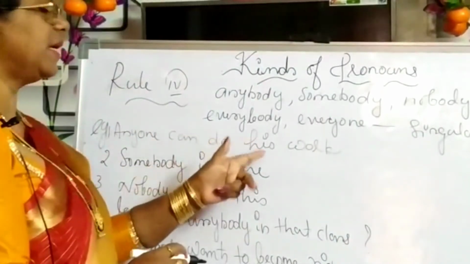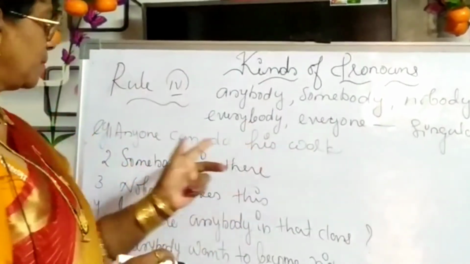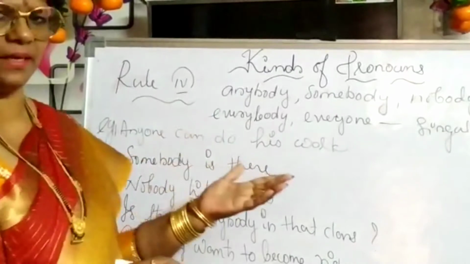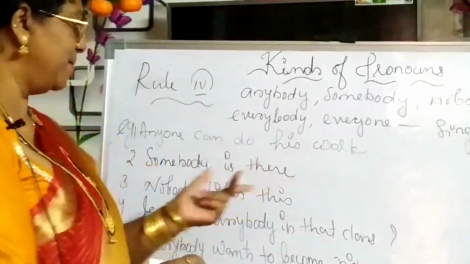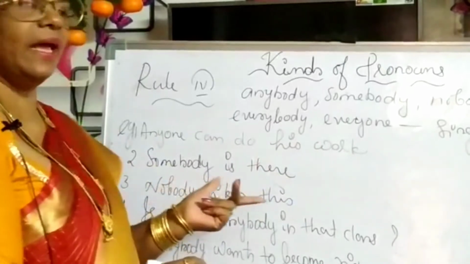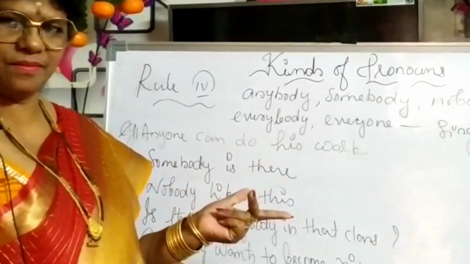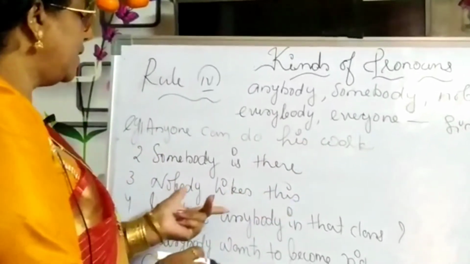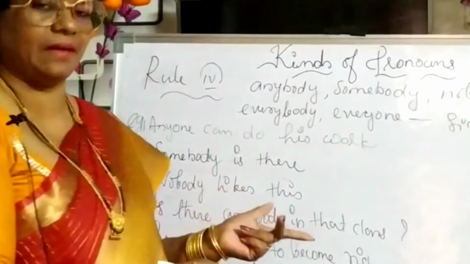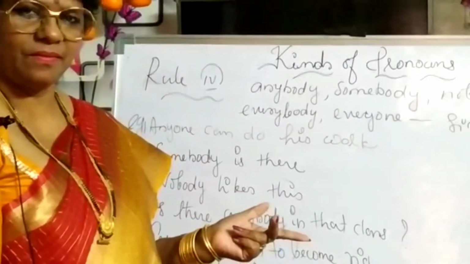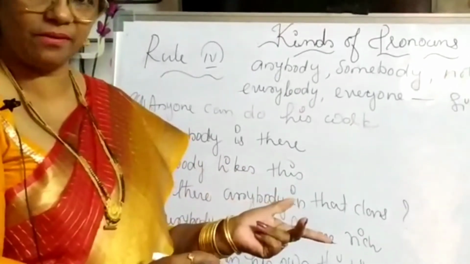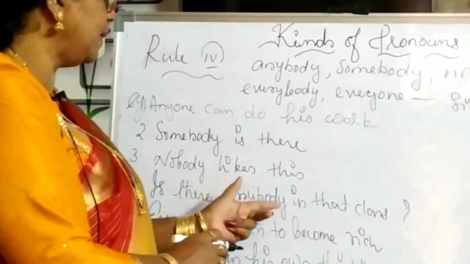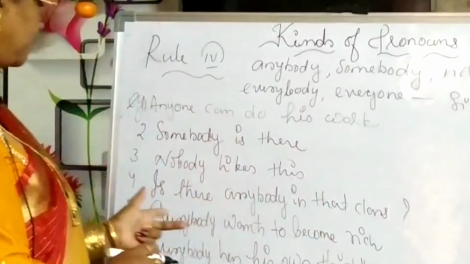Anybody can do his work. Somebody is there. We won't say "somebody are there". Nobody likes this. Is there anyone in that class? We won't say "are anyone there in the class". Is there anybody in that class?